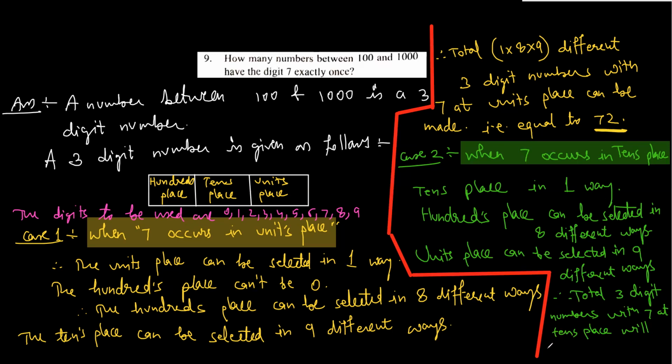My dear students, it is going to be 1 into 8 into 9, that is 72. So see, this 72 will be added with this 72. Remember, this is going to be the principle of addition between these two. Okay, fine. So you got 72.